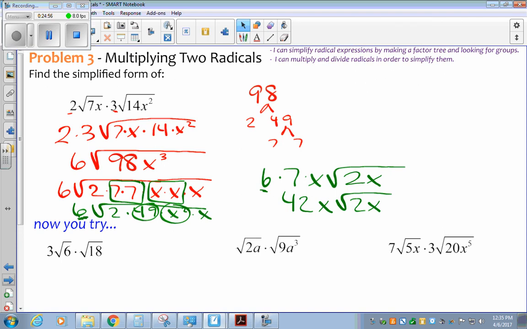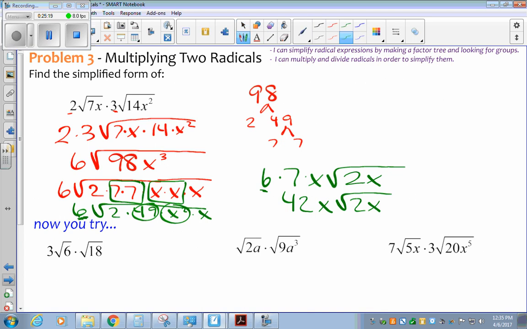So after I combine, I know it says now you try. I'm going to do the first two with you. And I'm going to show you how, if your brain thinks in terms of factors, like in this class, Layla's super good at factors, then I'm going to show you a way to get your perfect square out of the factors.